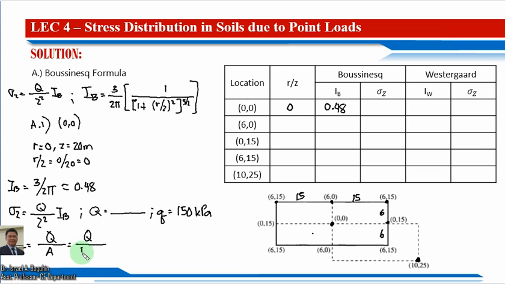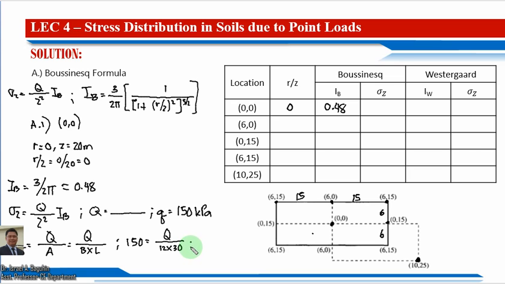In this case the area is simply the width times the length. So our pressure is 150, so we can say that 150 is equal to Q over the area, which is the width of 12 meters times the length of 30 meters.